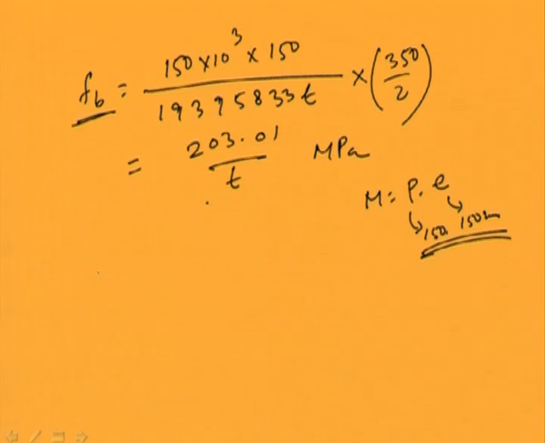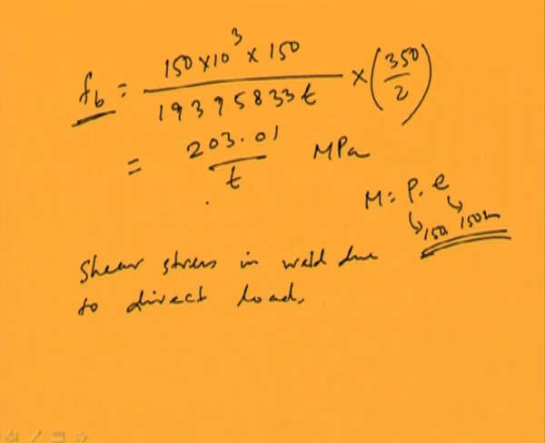Similarly, the shear stress due to vertical load can be found. Shear stress in weld due to direct load, which can be denoted as Fs, can be written as P by A. Now we know P is equal to 150 kilonewton and the area has been calculated.